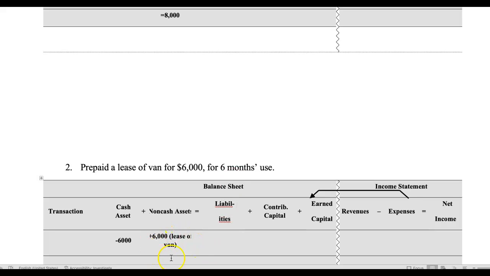So it basically meets the definition of assets, right? It gives us future benefits. It lasts for longer than one period, and it is also under our control, or we own it. So a prepaid lease is basically an asset rather than an expense.